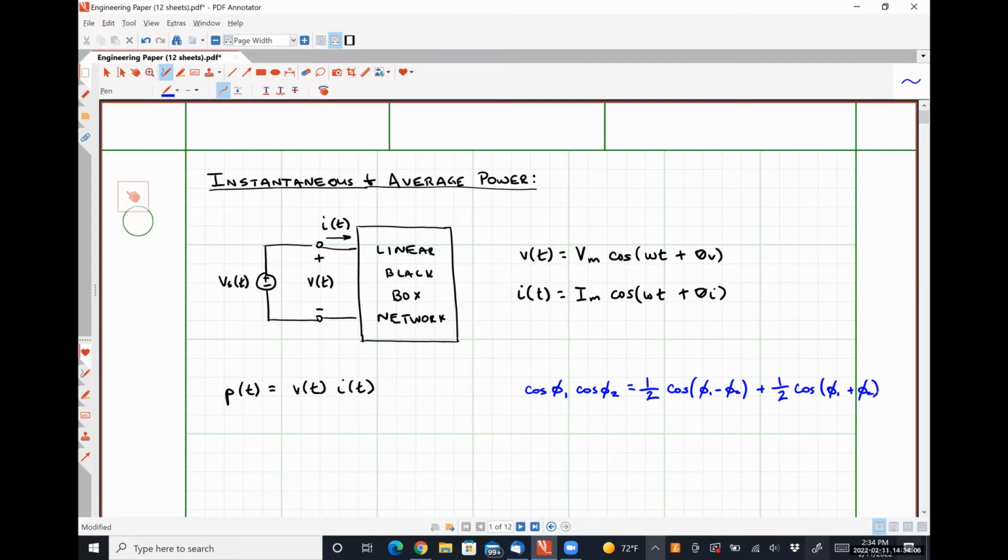I'm pointing this out because we're going to consider this quantity omega t plus theta v to be angle 1 and omega t plus theta I to be angle 2 when we multiply these two sinusoidal signals together.